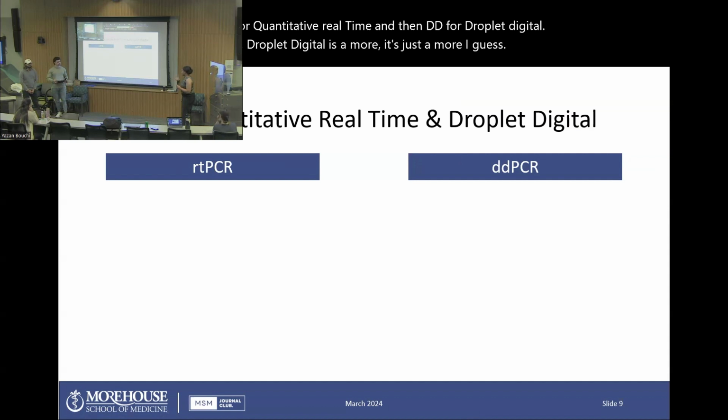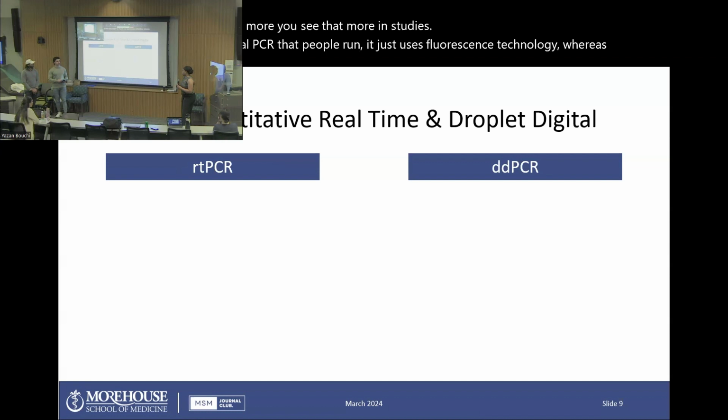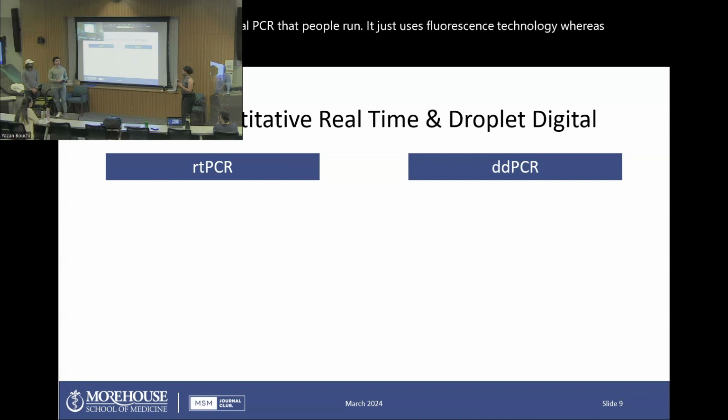It gives you better results in the sense that it's a more quantifiable form of PCR. And real-time PCR is what you see more often in studies. It's the typical PCR that people run. It uses fluorescence technology, whereas ddPCR uses a water-oil emulsion technology.